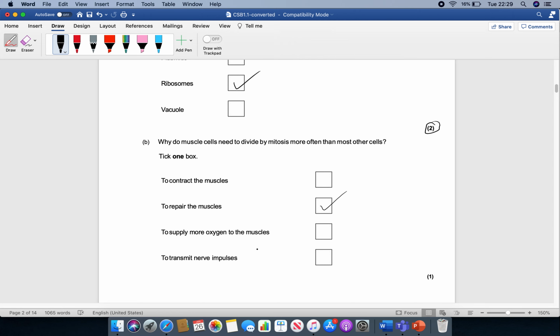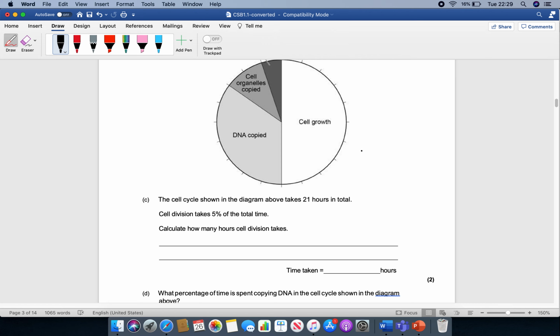Mitosis is part of the cell cycle. The diagram below shows the percentage of time taken by each stage of the cell cycle. Here's the diagram. The cell cycle shown in the diagram takes 21 hours in total. Cell division takes 5% of the total time. Calculate how many hours cell division takes. So this is a calculation question.